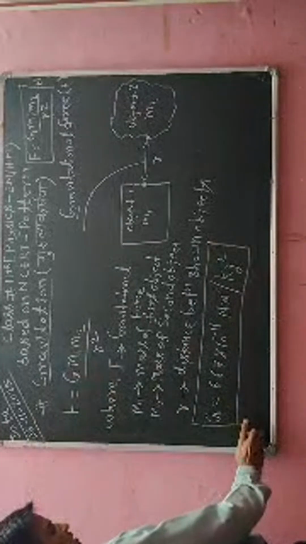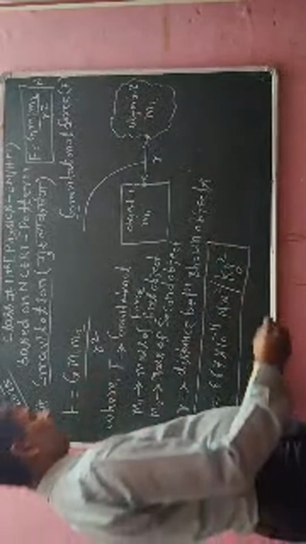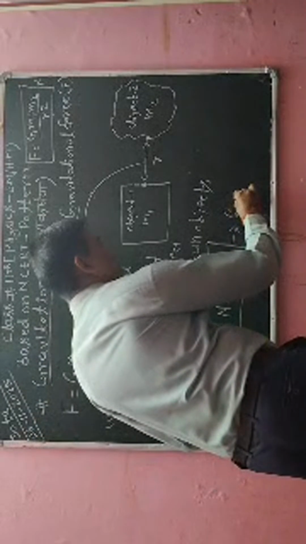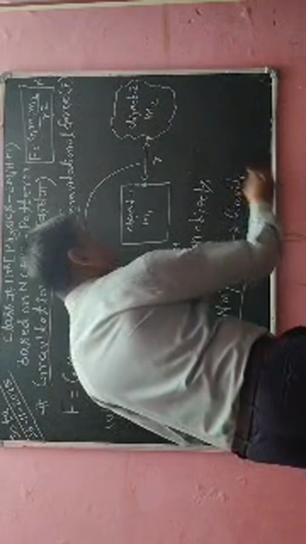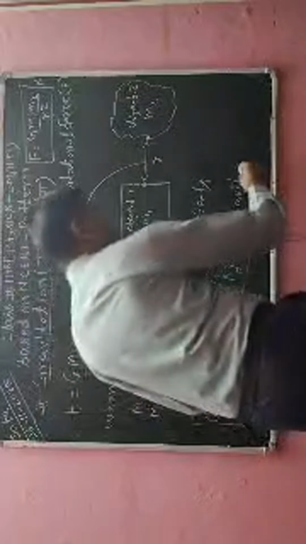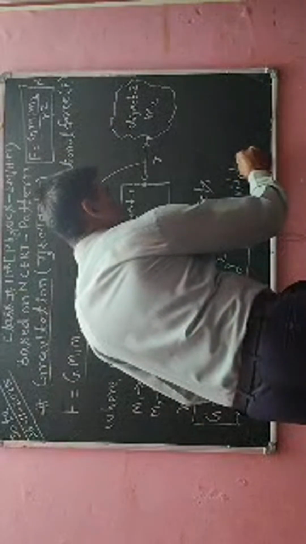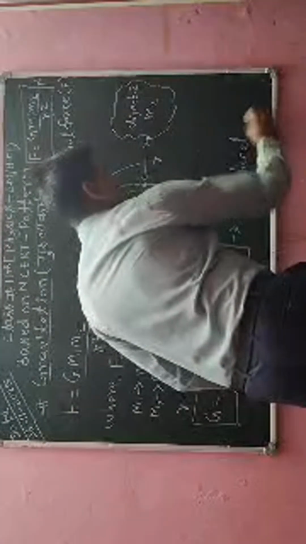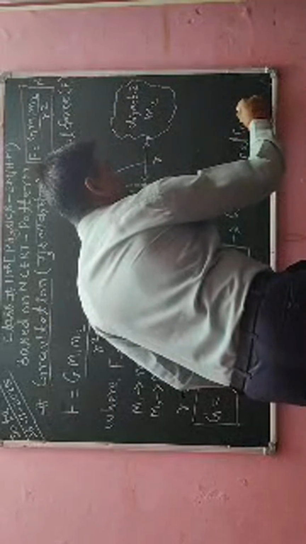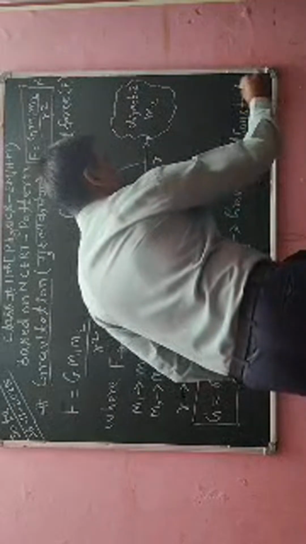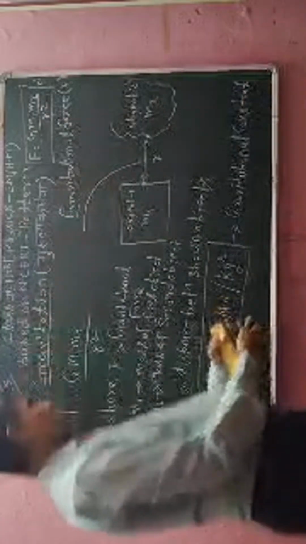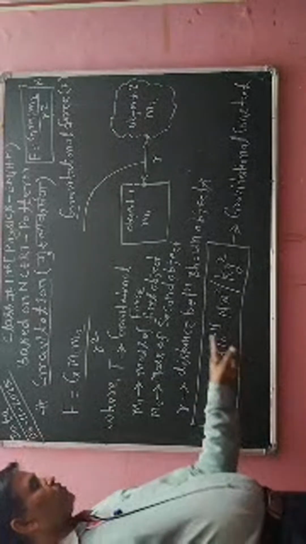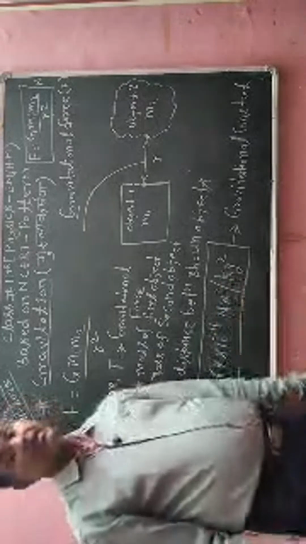G is also known as the gravitational constant. So G is the gravitational constant and it has the value 6.67 into 10 to the power minus 11 Newton meter square divided by kg square.